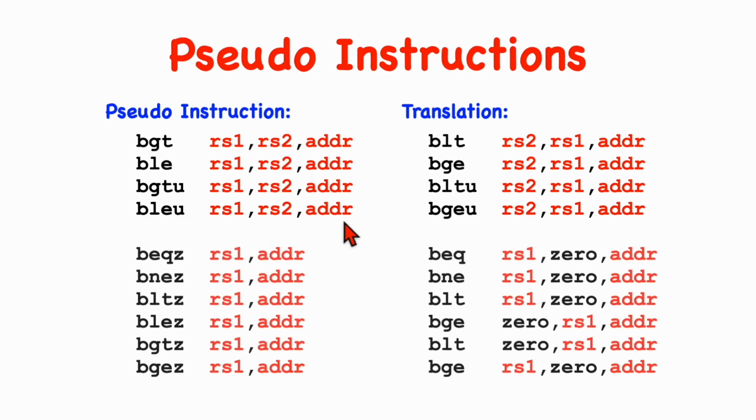The assembler also provides these pseudo instructions, which are useful if you want to compare a source register against 0. So these are branch if equal to 0, not equal to 0, less than 0, less than or equal to 0, greater than 0, and greater than or equal to 0. And these are all translated using the signed comparisons less than, greater than or equal, and the equal and not equal, where one of the registers is the 0 register.